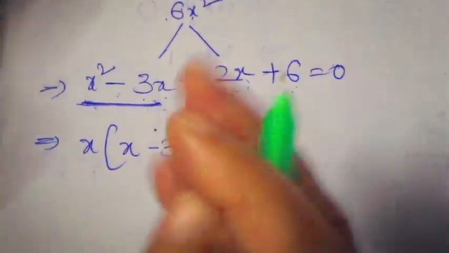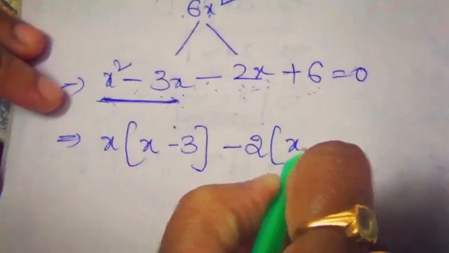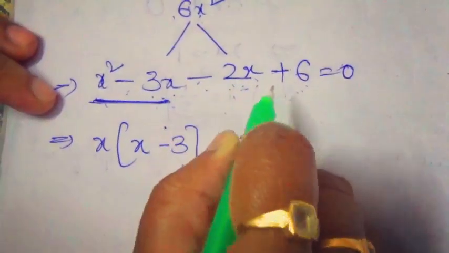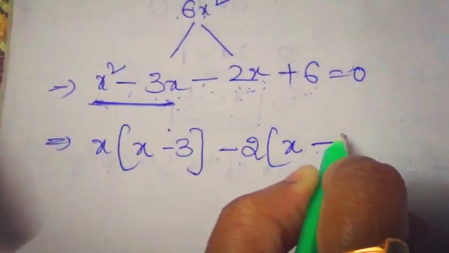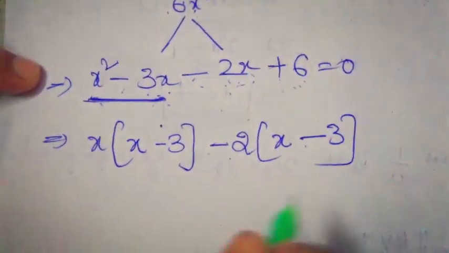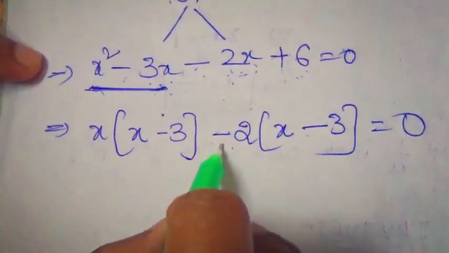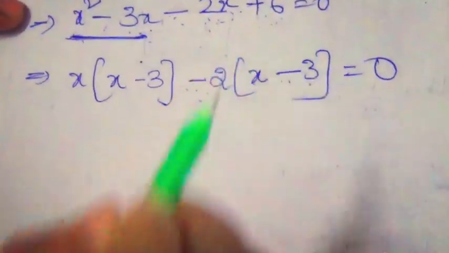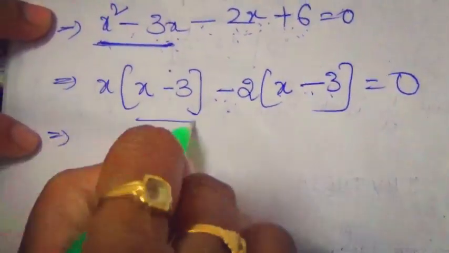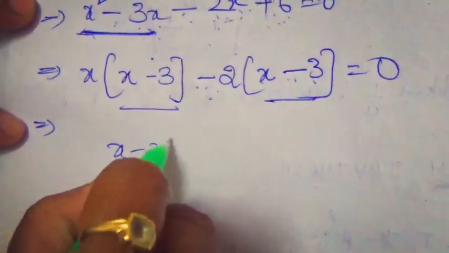I am taking 2 as common. So x, minus of minus plus, it will become, that's why I am taking minus here, 3, that is equal to 0. So minus 2x, minus of minus plus, 2 into 3 is 6. Okay, so in these two terms x minus 3 is common.